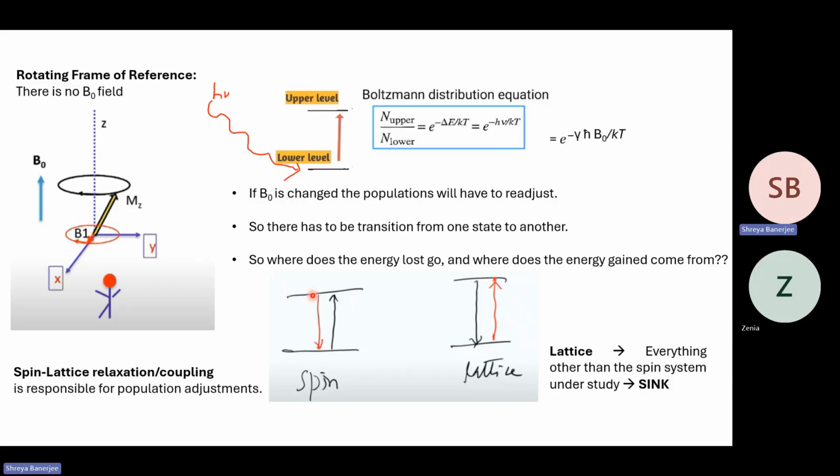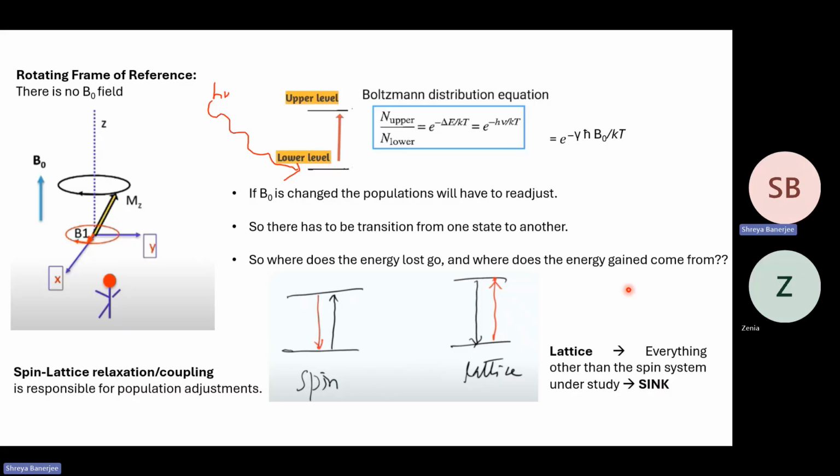When this is happening, some nuclei from the lower level are going to the upper level. After that, they have to return to the lower level, so they have to release the energy. Where will this released energy go? Normally, it is released into the lattice. The lattice is basically everything other than the nucleus you are studying.